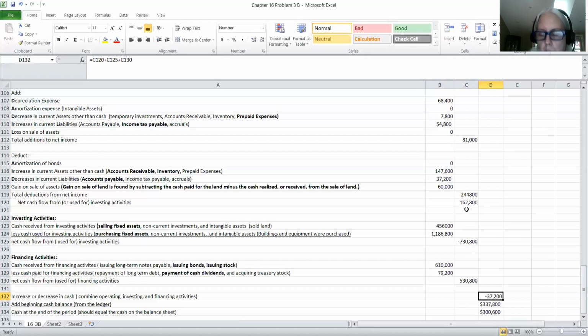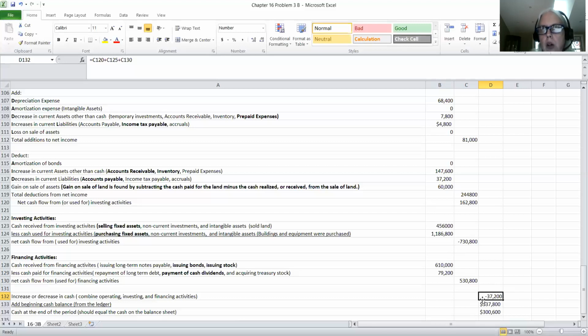You would take the operating activity amount of $162,800. You would subtract out, because this is a decrease, the investing activities, and then you would add back in the financing activities. Because you paid out more cash during this period of time than you brought in, there was a decrease in cash. Notice that's a negative amount there.